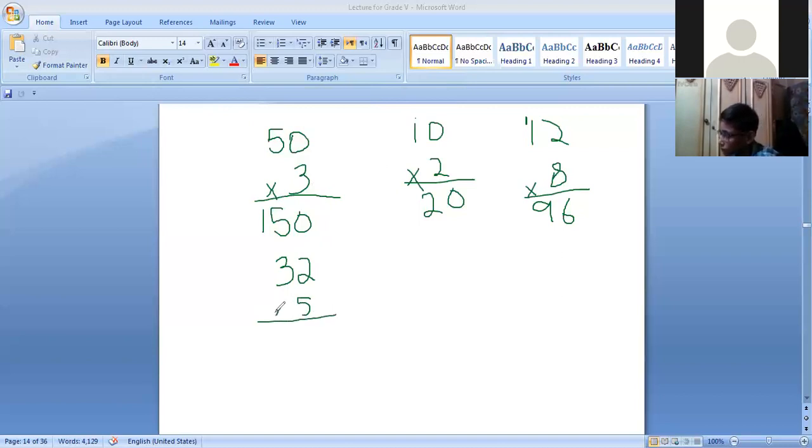You will have to multiply. 5 twos are 10. Very good. 0 we will write here. Now we gave 1 as the carry. 5 threes are 15. 15 plus 1 is 16. Very good.